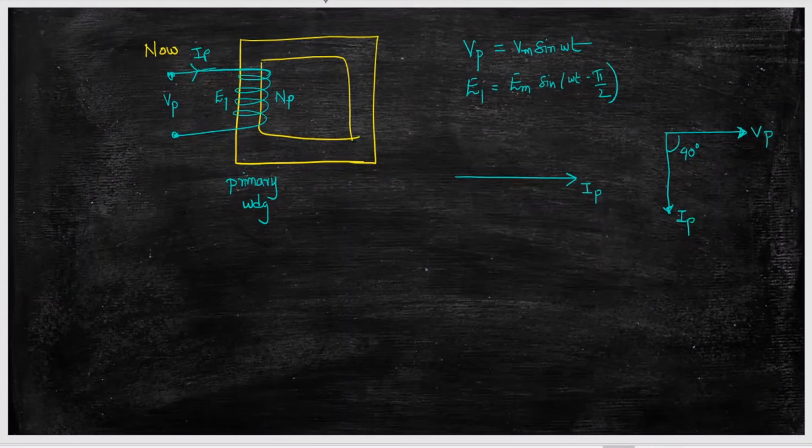Suppose I take Ip as reference, then where should I write this Vp? So this is your Vp.